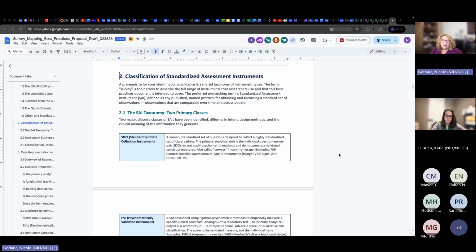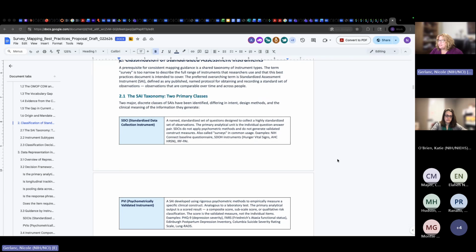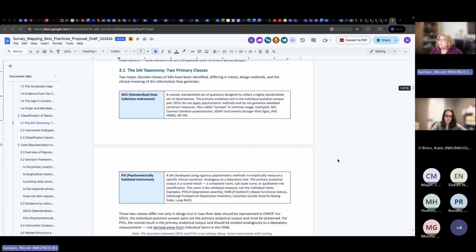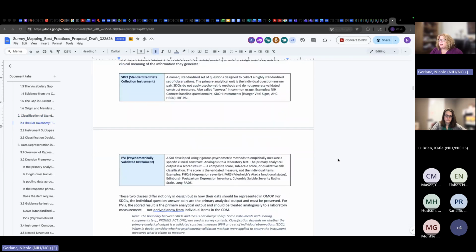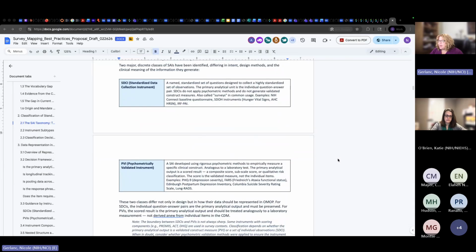And then from the work that Piper's been doing, we've talked about classifying these into two primary classes. So a standardized collection instrument and a psychometrically validated instrument. And so their definitions for each of these, you guys can read faster than I can talk. So I'll let you read those.